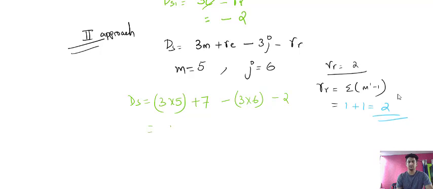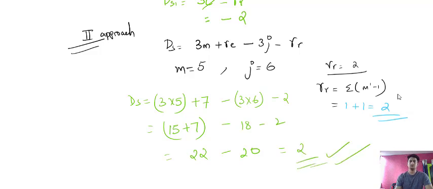So 15 plus 7 minus 18 minus 2. So this is 22 minus 20, that is 2. So here DS value is coming 2. So this is how you need to calculate the value of the degree of static indeterminacy.